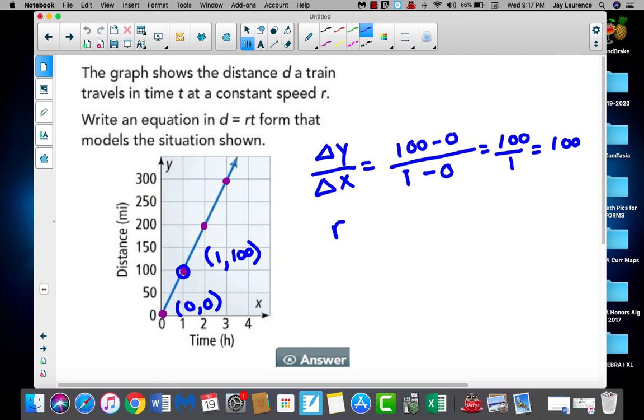And so the rate, r, is 100 miles per hour. Why is it miles per hour? Because my distance is in miles and my time is in hours. So my linear equation, y equals mx, is going to look like y equals 100x. My d equals RT form will be d equals 100t. That's the rate times the time. And there you go. Piece of cake.